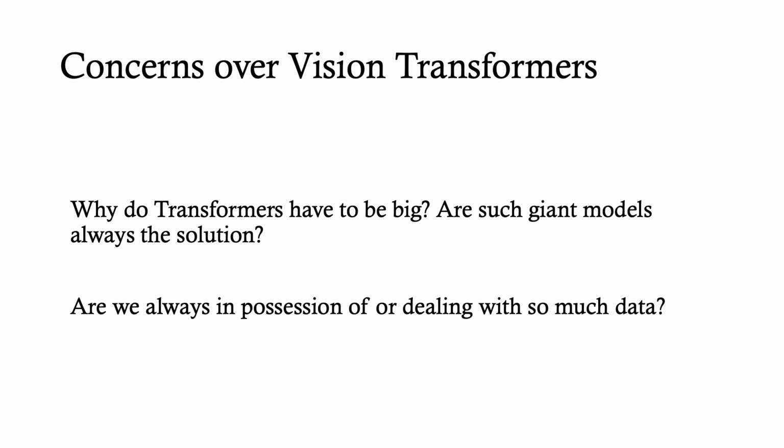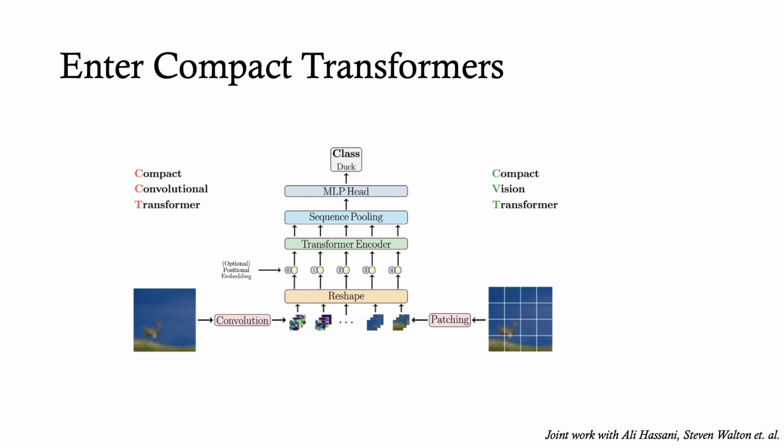The answers to both questions are apparently no. Our recent work, the compact transformers, partially addresses these two concerns and helps us democratize AI by making transformers more accessible to those with limited computation resources and works on smaller datasets.